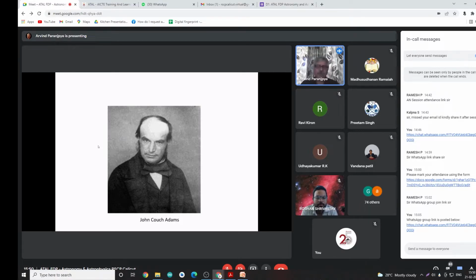And this is where the interesting human story plays a role. You might have heard of the Airy disk in optics, where if you focus something, it is not one focus, but there are rings around it, the diffraction pattern and so on. That was Airy, who was Astronomer Royal, and Adams had just finished his tripos Wrangler's examination.